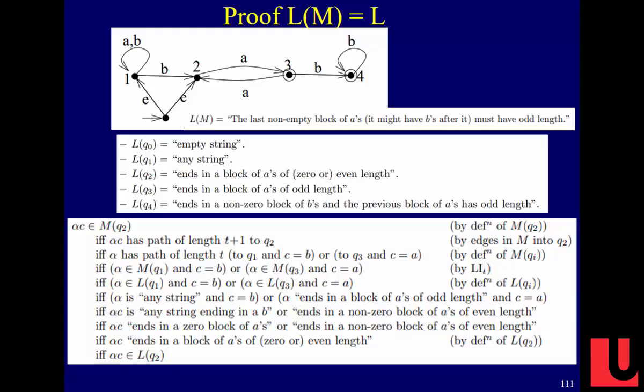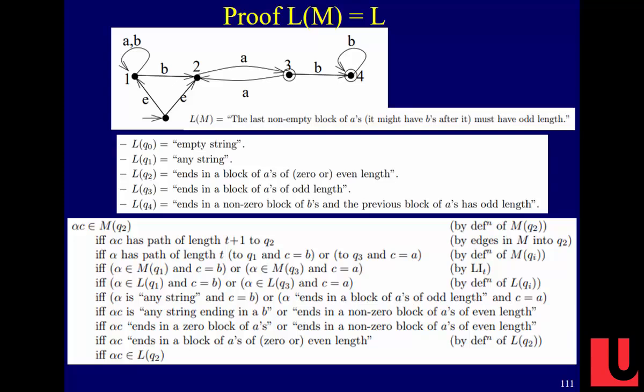All right, now by way of induction, assume that this is true. Our goal is to prove it for t plus 1. How we do that is a first-order logic thing. We say, give me an arbitrary state. My arbitrary state is Q2. Give me an arbitrary string of length t plus 1.